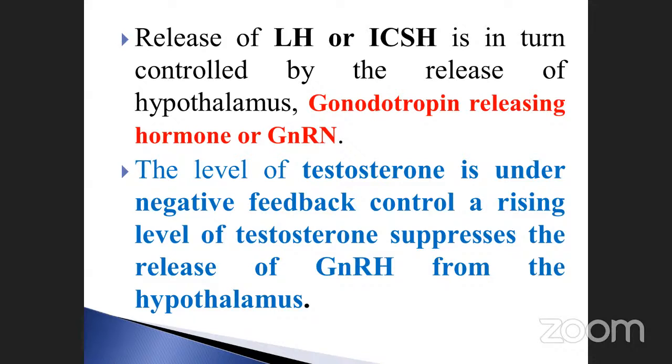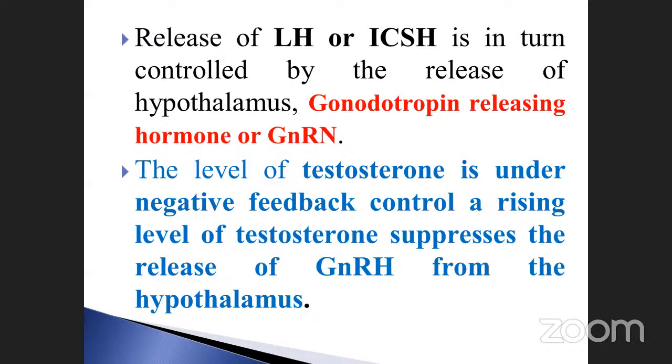Okay, the level of testosterone is under negative feedback control. A rising level of testosterone suppresses the release of GnRH from the hypothalamus. This is also a negative activity, and it occurs in the hypothalamus.